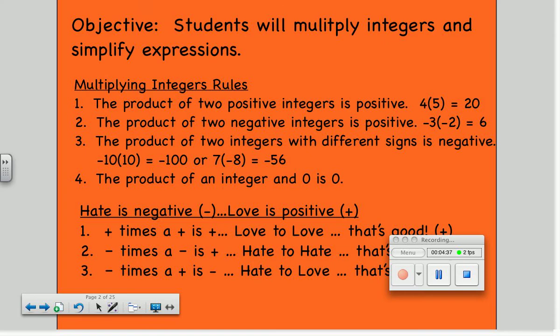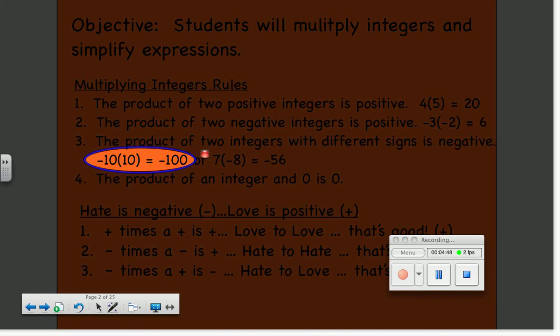The next one, the product of two integers with different signs is negative. So, -10 and +10 results in a negative product, -100. So in other words, we're taking that -10 and then the positive 10 is going to become the opposite of what it is, negative.